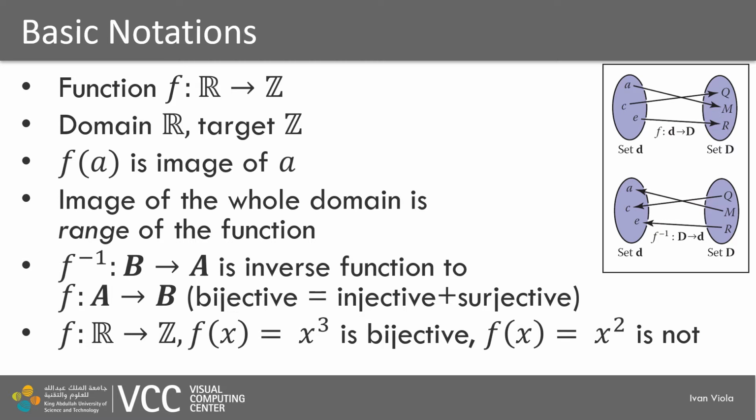If we take all A's, all points or elements of the domain, and we map them to the codomain, we will create a set which we will define as the range of a function.